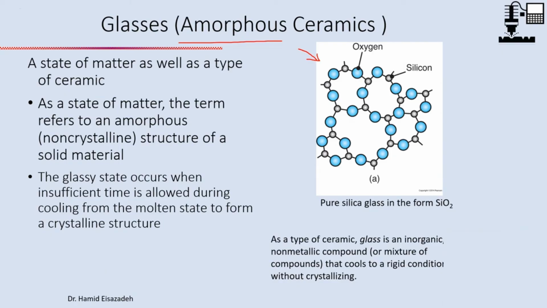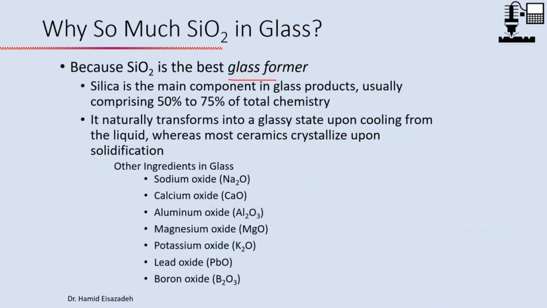One of the very well-known ceramic glass materials is pure silica, SiO2. In the glass, we have a lot of SiO2 or silica. Why is that? The main reason is that it's a good glass former. We have other materials, but normally other ceramics are not good glass formers.